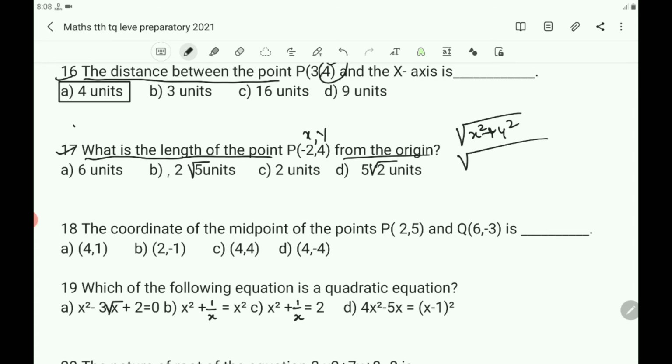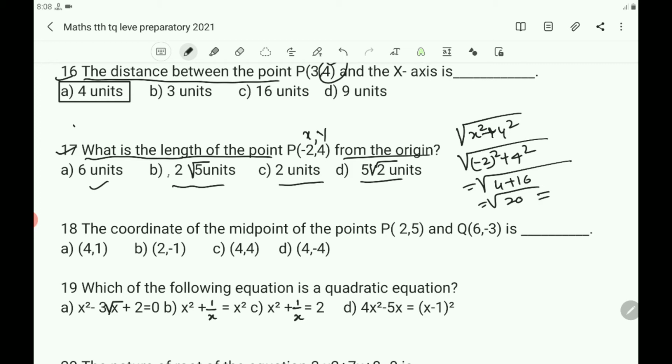You write x square means (-2) whole square, y square is 4 square, then you will get (-2) square is 4 plus 16, that equals what? Root 20. Then here the options are 6 units, 2 root 5 units, 2 units and 5 root 2 units.